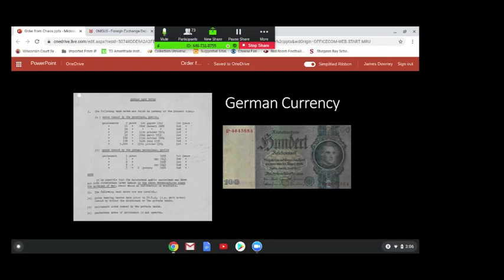Now, on the slide that you see here is a document that the currency section put out in February of 1945 that summarized what they knew at that point about the German currency in circulation. And it's for the most part accurate.